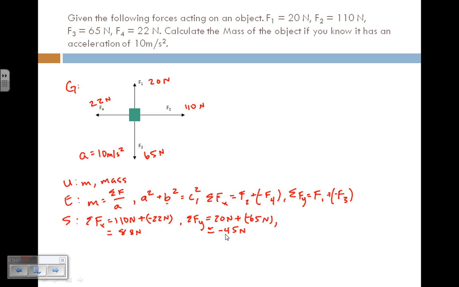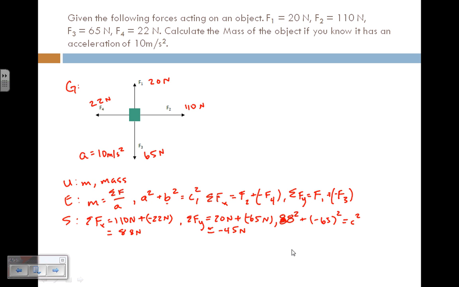So we'll plug these two values in for A and B to get the resultant vectors. So it's going to be 88 squared plus negative 45 squared is equal to c squared.